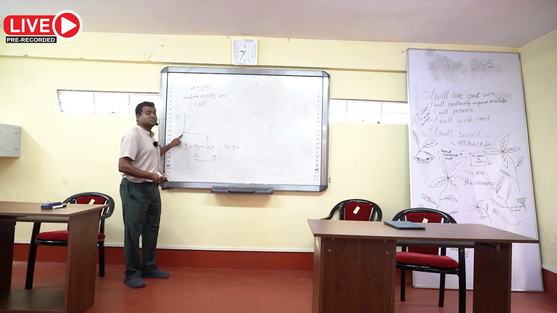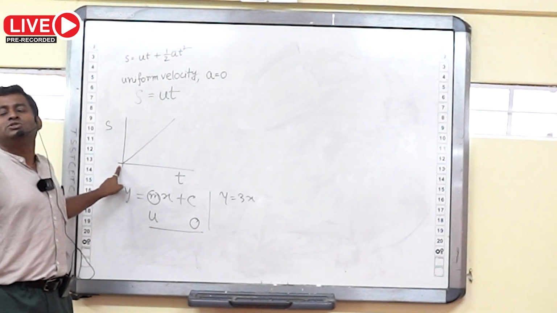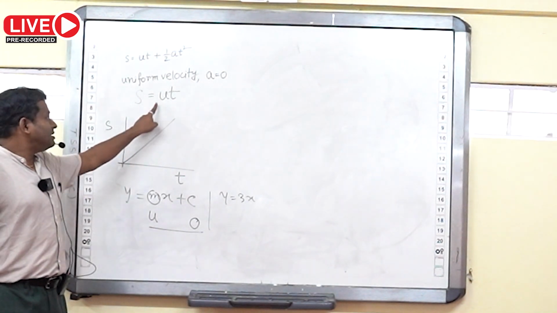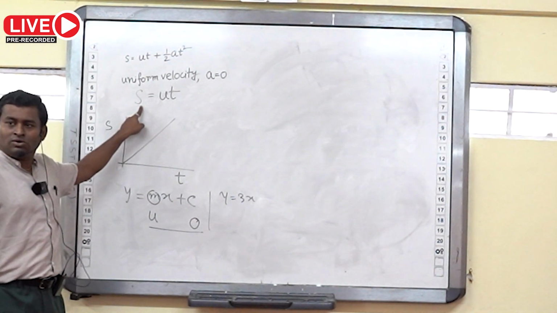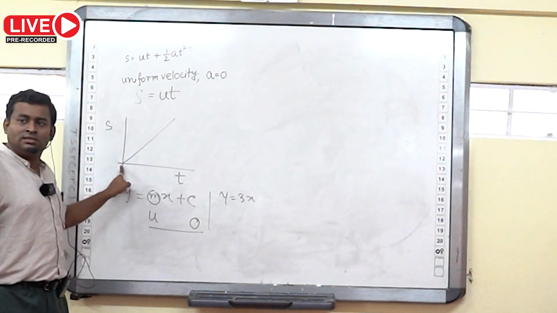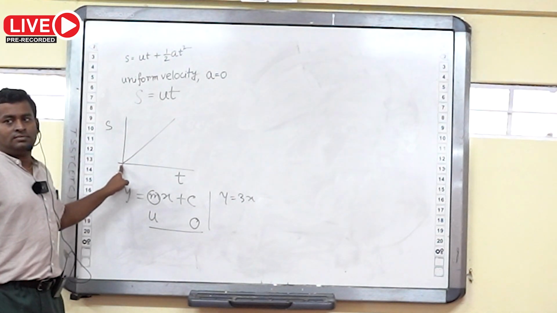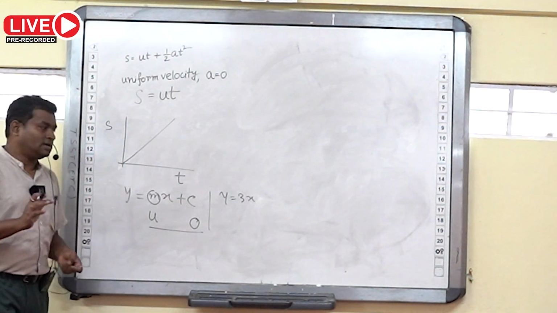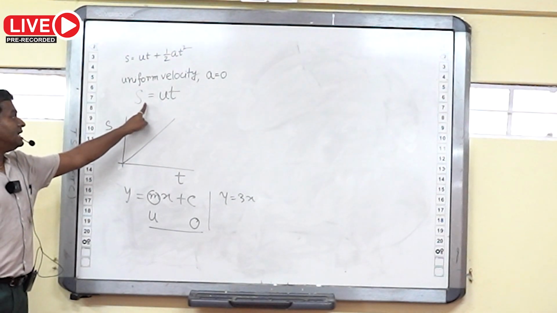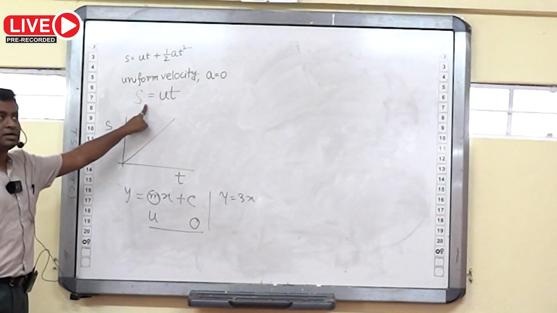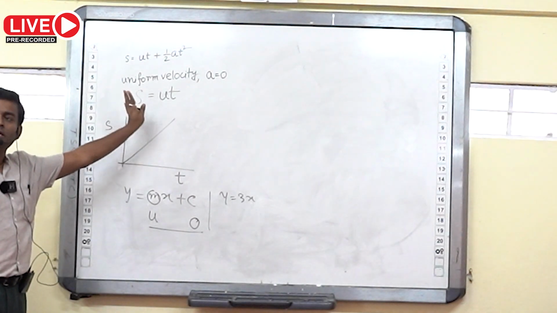So the graph will pass through the point 0, 0, meaning through the origin. Same format is here. So if you put t equal to 0, then s will be 0 and the graph will pass through the origin. Okay? Now, this is the S-T graph or displacement-time graph for uniform velocity.